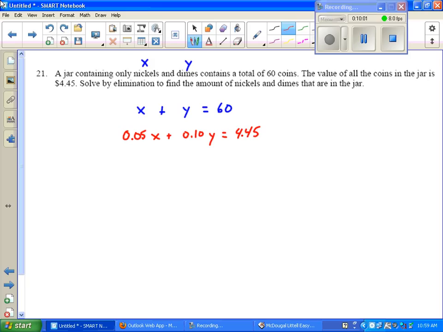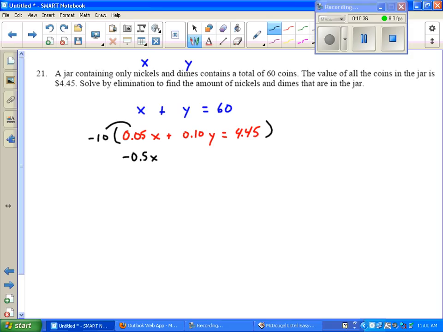So if we multiply the entire bottom equation by 10, or in this case, we'll multiply it by -10, that way we'll create an opposite term. We'll get a lot more of what we want. -10, and this is scary to most people, but all the time when you multiply by 10, it just makes you move the decimal one time. So what you have, -10 times 0.05 becomes negative 0.5x.